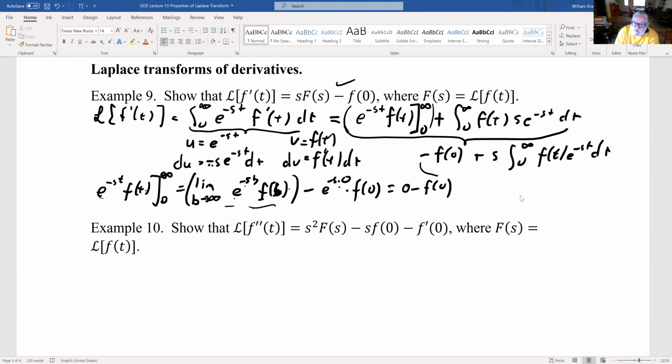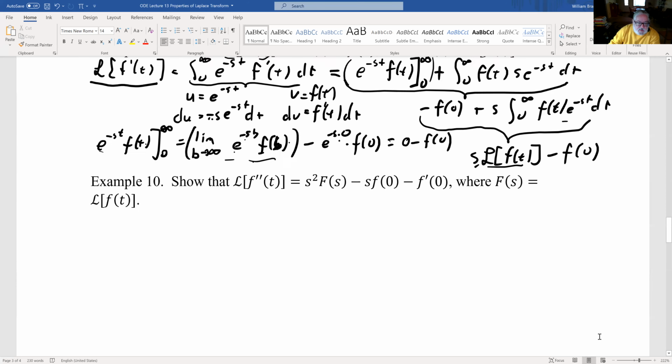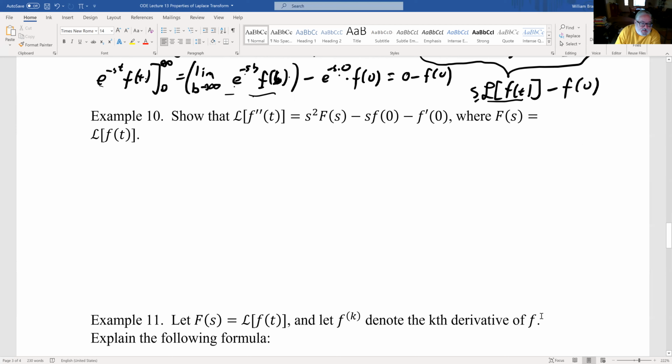And all of that then becomes s times the Laplace transform of f. That's what this integral is, minus f of 0. So the Laplace transform of the derivative, that's this guy, is s times the Laplace transform of the function, that's this guy, minus the value of the function at 0. Great. So what's the Laplace transform of the second derivative?